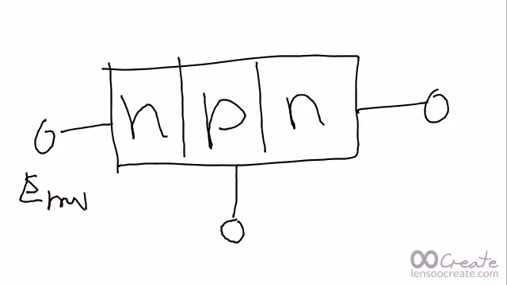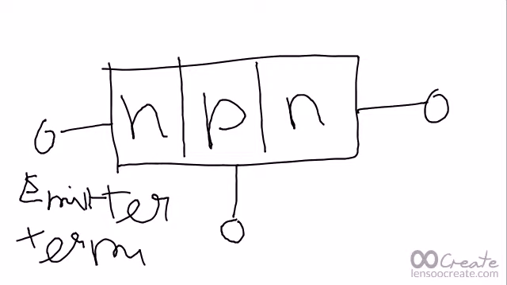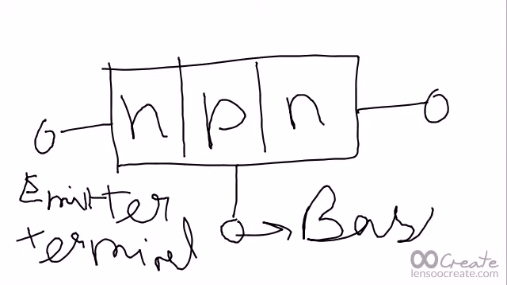Three terminals are there. Emitter terminal. This one is base terminal, or you can simply call it base, and this one is collector.